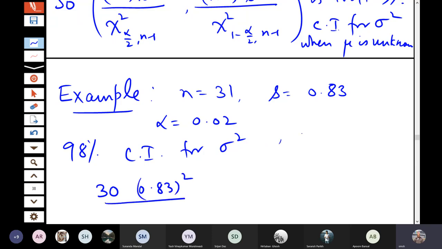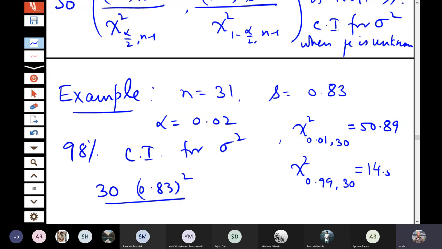So what do we need? Chi square alpha by 2, that is 0.01, n minus 1, 30. This value you see from the tables of the chi square distribution, this is 50.89, and chi square 0.99, that is 1 minus alpha by 2, n minus 1, that again you see from the tables of the chi square distribution, it is 14.95.